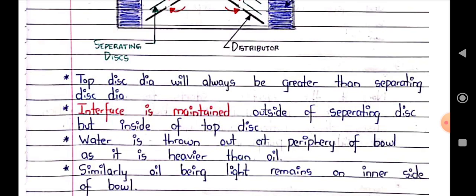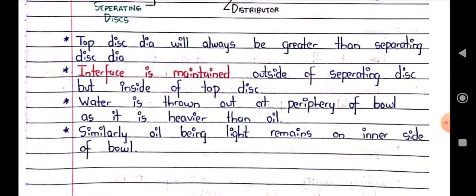Water is thrown to the periphery of the bowl as it is heavier than oil. Similarly, oil being lighter, the clean oil will remain on the inner side of the bowl.